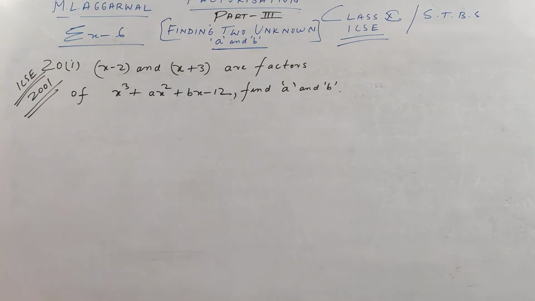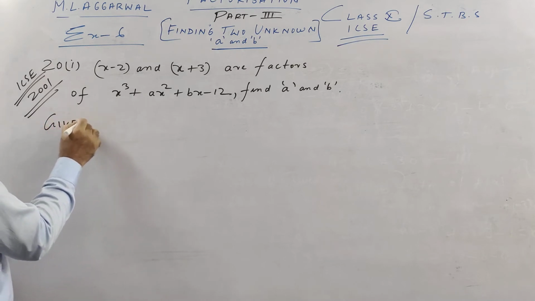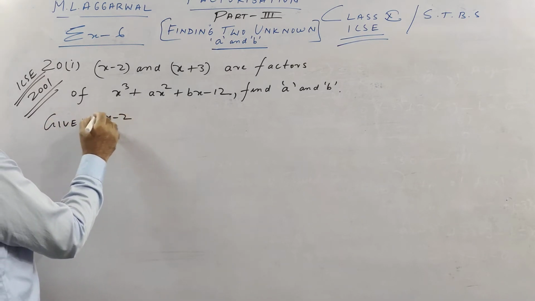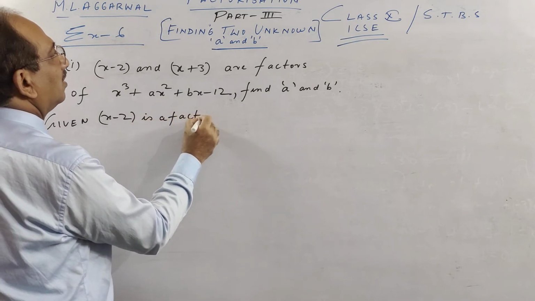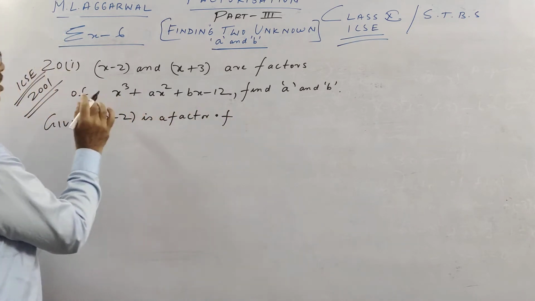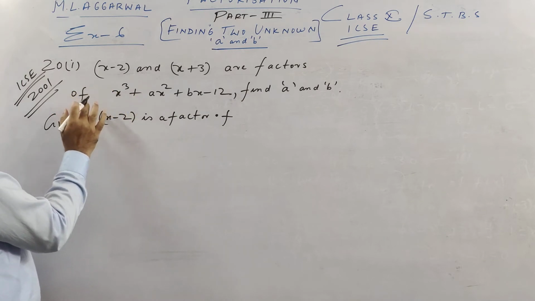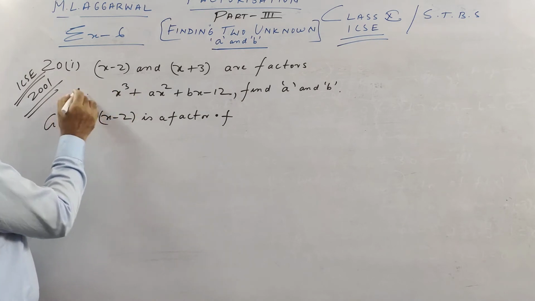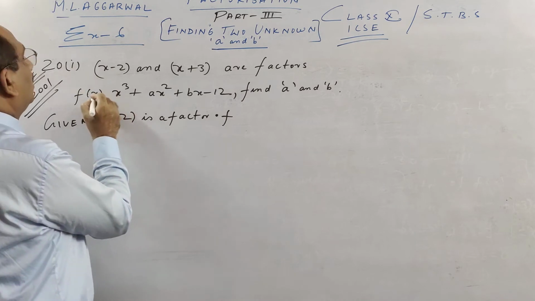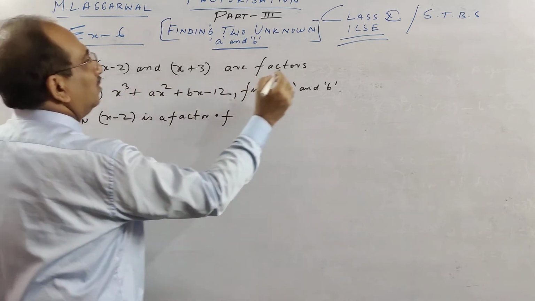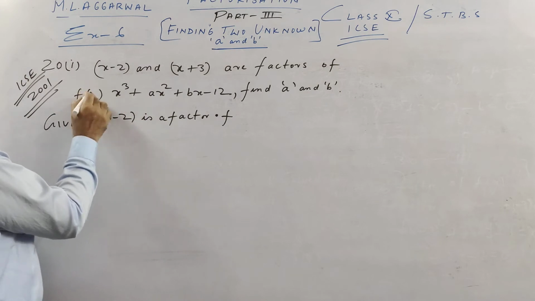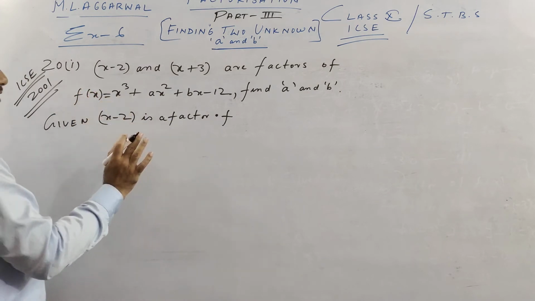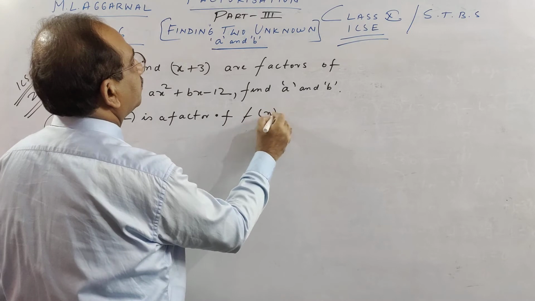So in a similar way we move on. Given x minus 2 is a factor of, you may call it f(x) over here. You can write f(x) over here only, otherwise in the next step also you can write. So this is a function of x, a factor of f(x).